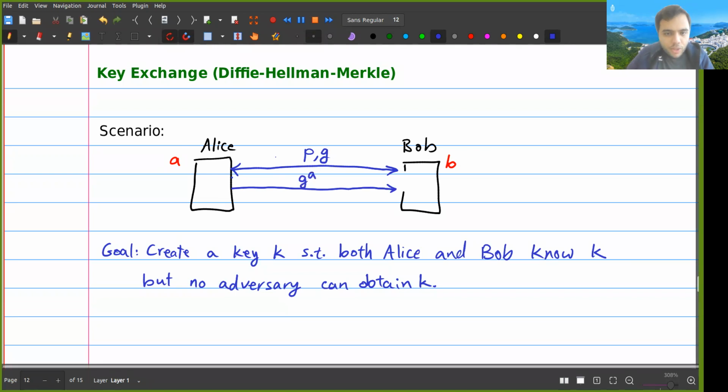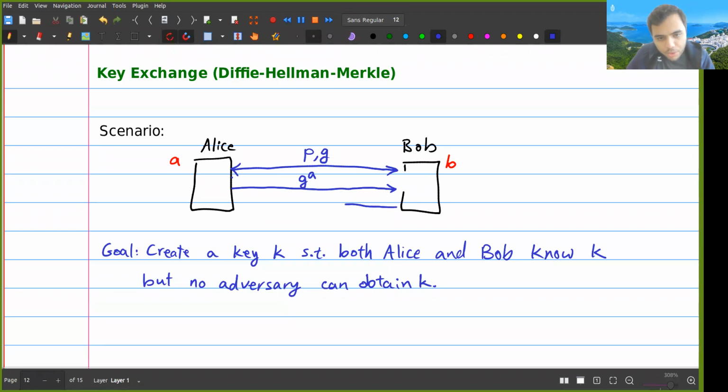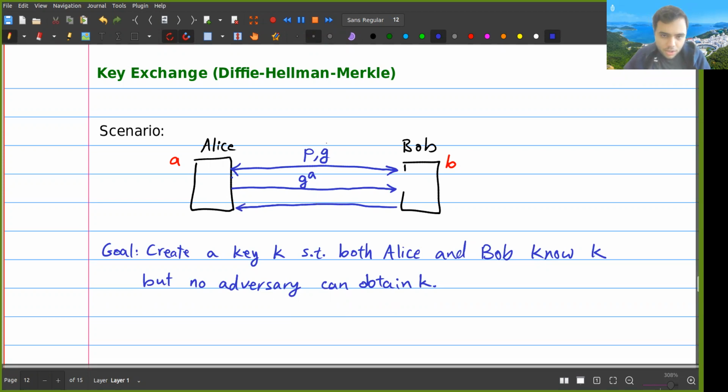But now everyone else on the network also knows G to the power of A. Bob can also similarly compute G to the power of B because he knows G was public, he knows B, and all calculations are modulo P, so he knows P as well. He can just compute G to the power of B and send it over to Alice.